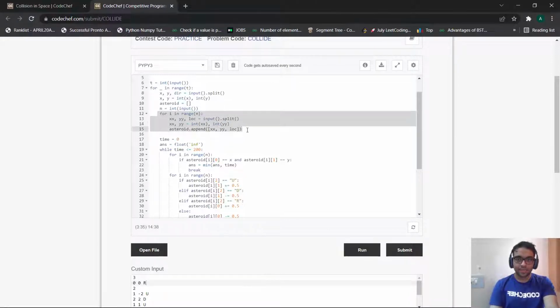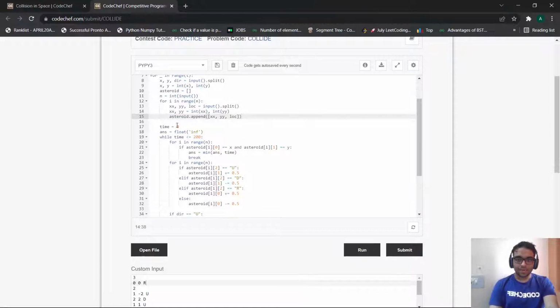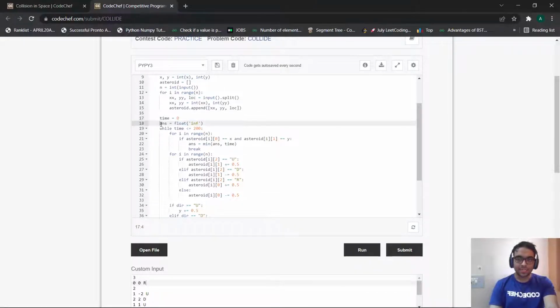For each of the n, I input again the x, y and direction of those particular asteroids and I append everything in an asteroid array. After that, I do the exact thing as I said in my approach section. I initialize my time to 0 and then I initialize my answer as a big number, which is infinity.